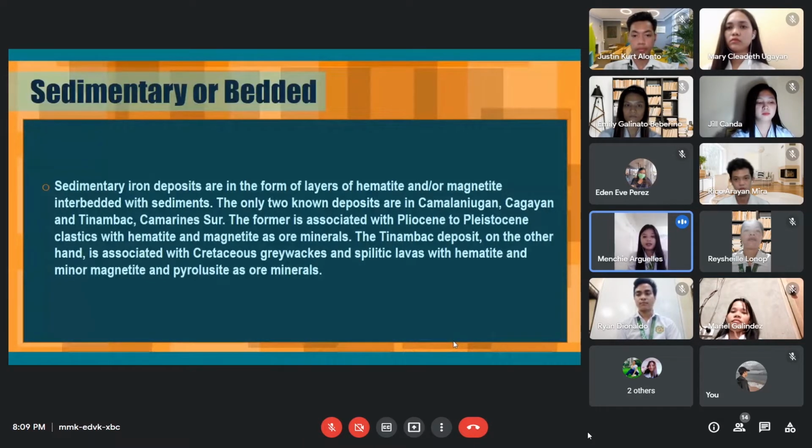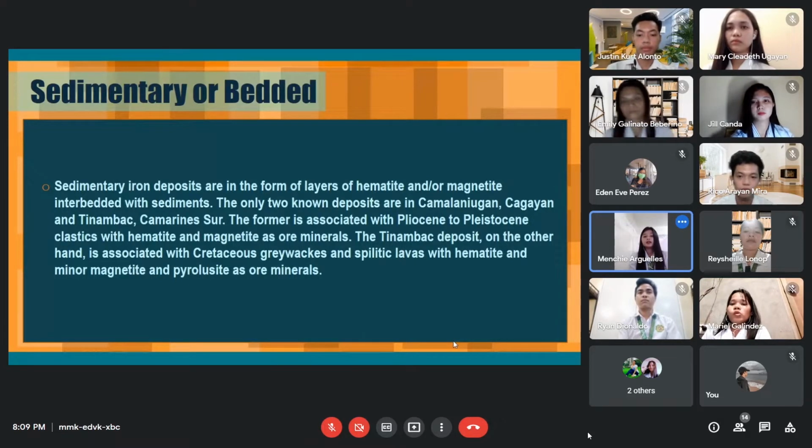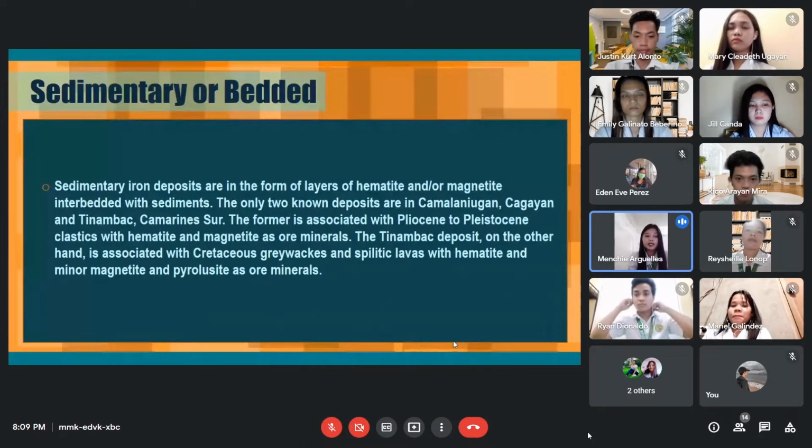In terms of mineralization, sedimentary or bedded iron ores occur within the upper portion of the sandstone, in which a horizon of hematite and magnetite up to 3 meters thick has been encountered. And then there are only two known deposits here in sedimentary or bedded. We have Camalaniugan, Cagayan, and Tinambac, Camarines Sur.